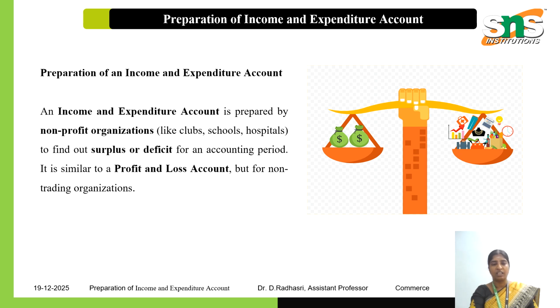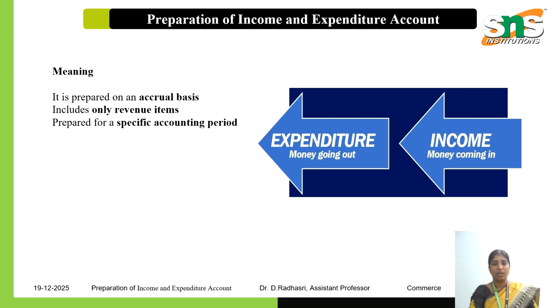In the income and expenditure account, the money goes out and the money comes in. Expenditure is the money going out, and the revenue items are the money coming in during a specific accounting period. On the accrual basis, the revenue can be generated in the proper way.